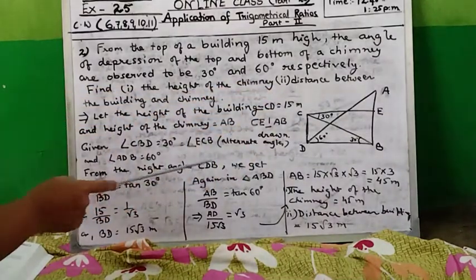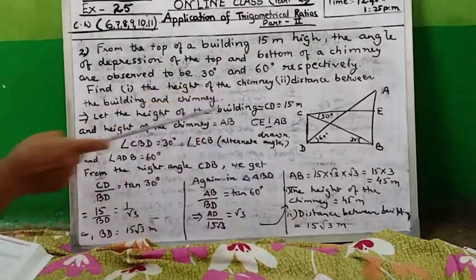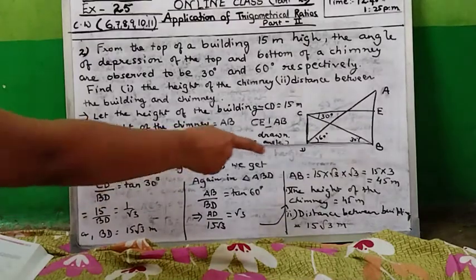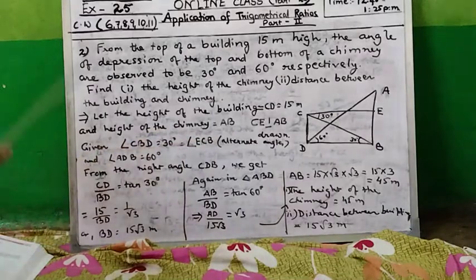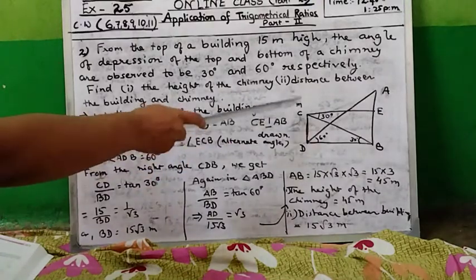So from the right angle triangle CBD, what are we getting? Base and perpendicular. Base is BD and perpendicular is CB. So perpendicular by base is tan 30. So tan theta is equal to perpendicular by base. What is perpendicular over here?